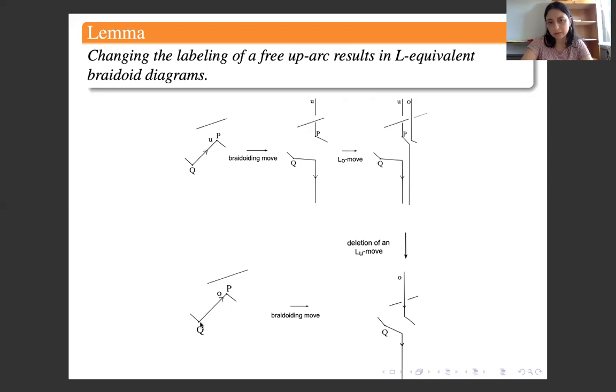Then I could also start by labeling this free up arc with O. Since it's a free up arc, I can change the labeling, as we said.